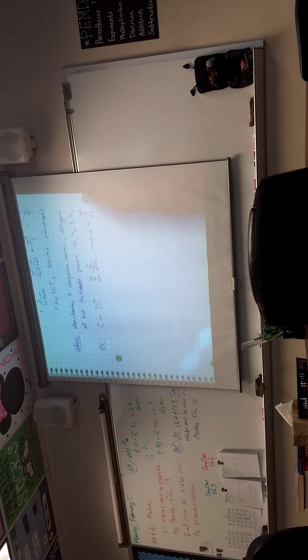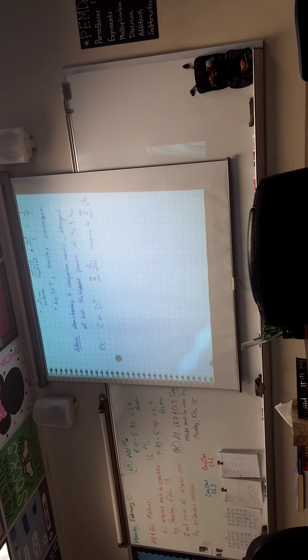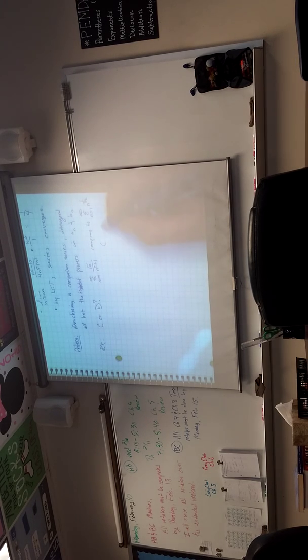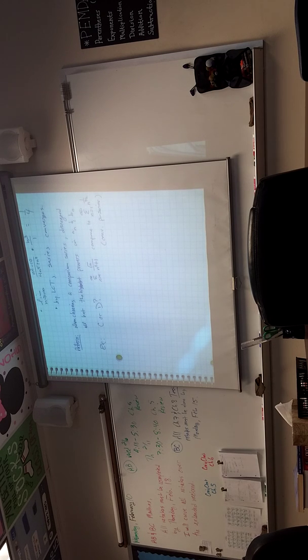So I'm going to compare to 1 over n to the 3/2. I'm subtracting the exponents like I did on the previous example. Now, what do I know about that series? It converges because p is greater than 1. So it's a convergent p-series.